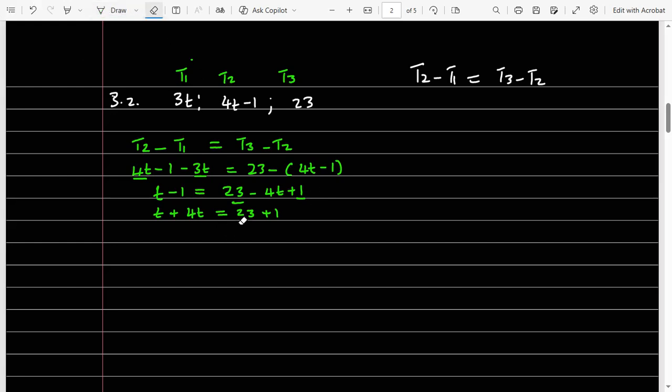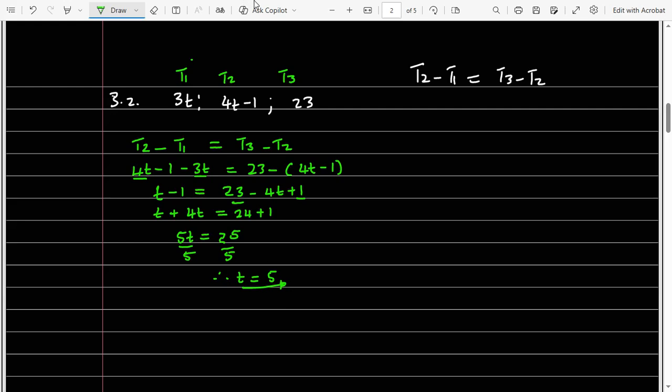I forgot to add those like terms. This side, 5t, that's 25. 5t is equal to 25. Divide both sides by 5, therefore t is just 5.